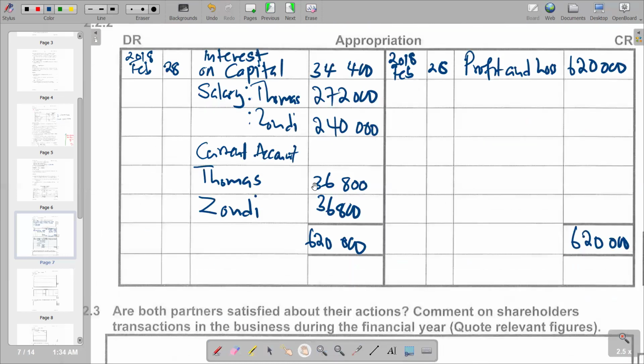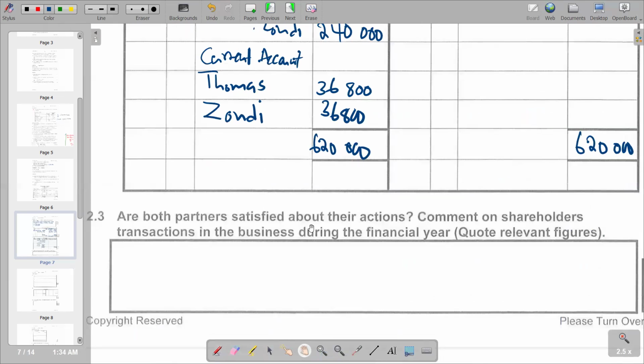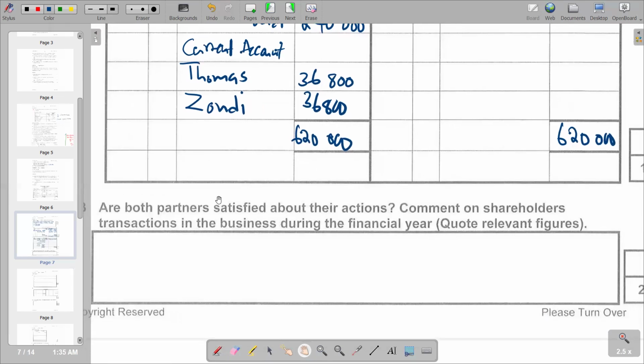So we still have another question, which is saying: are both partners satisfied about their actions? Comment on shareholders' transactions in the business during the financial year. So obviously you can just raise one point, they're going to be satisfied, then you support your answer.